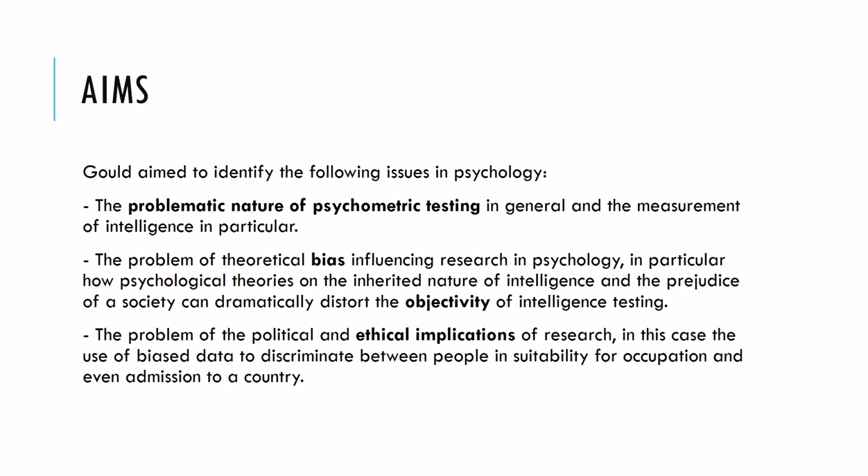And finally, the political and ethical implications of research here, how this kind of biased research can be used to discriminate between people in terms of their suitability for occupation and admission to countries.